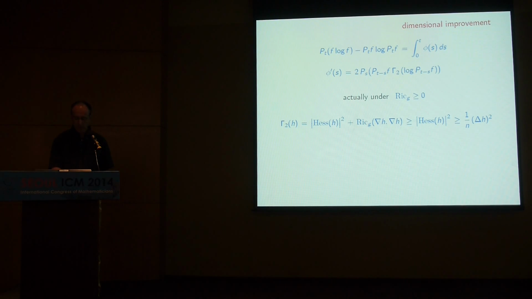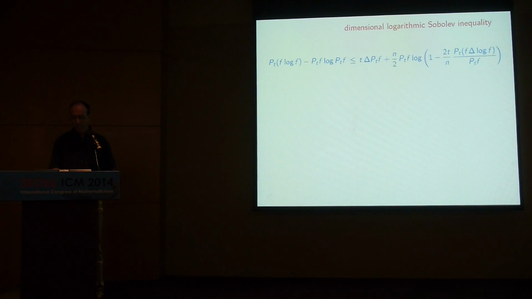So that the derivative of phi is bounded from below, not by 0, but by something that depends on the dimension. And then you need to integrate. Of course, that's a little bit more difficult than only integrating phi prime bigger than 0, but still you can do it. What you get is not that nice, it's a bit heavy.